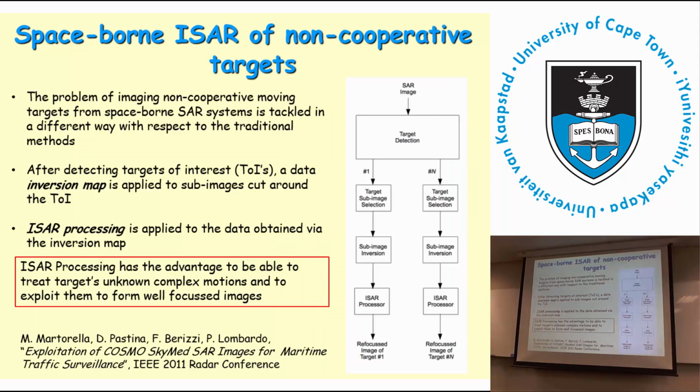So the idea was to create some signal processing that is able to take a SAR image, a standard product, as your input and produce something new at the output. So the idea is to get an image, detect targets inside the image, moving targets especially. For each of these moving targets, create some sort of sub-image selection.